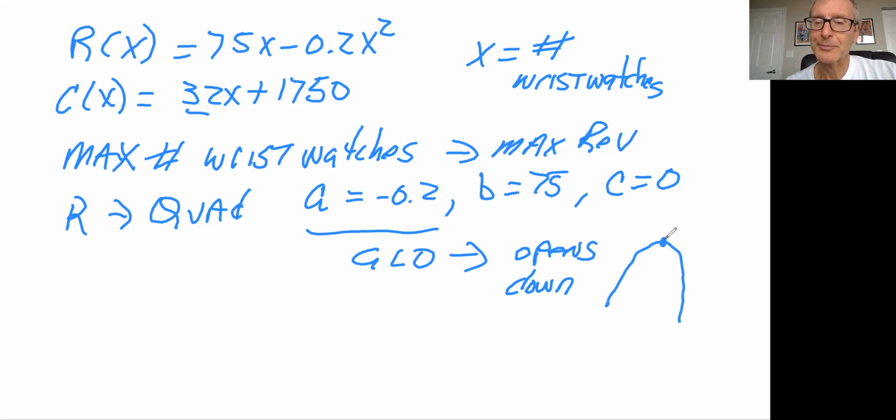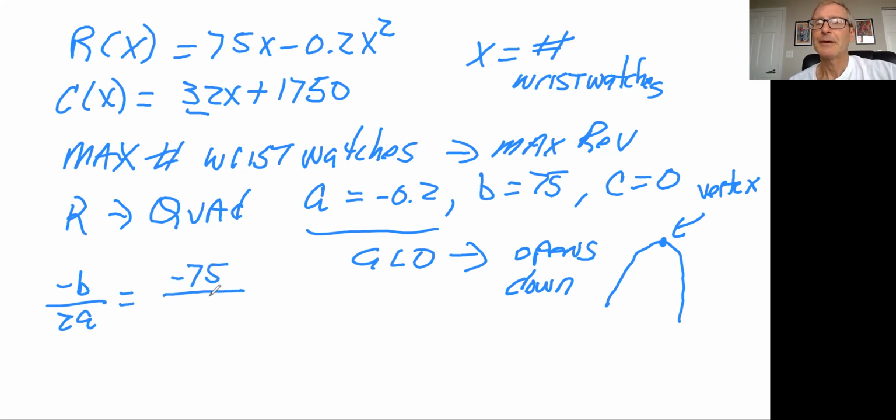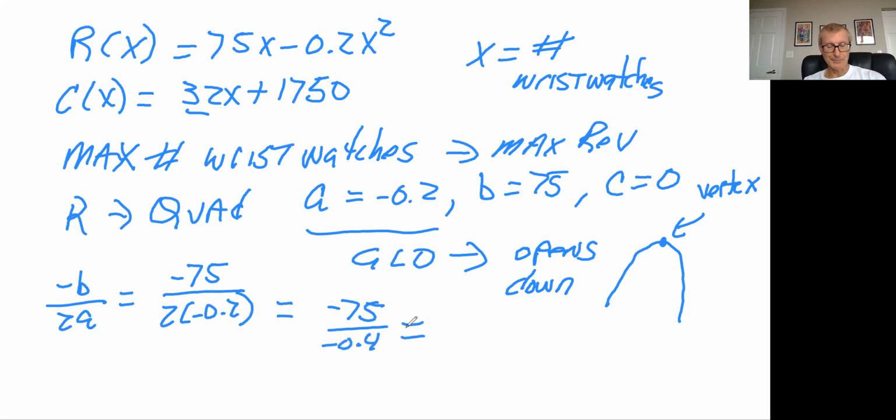And so what is the maximum? Our favorite point, the vertex. So what we want to do is calculate the vertex for the revenue function. And so the vertex would be minus b over 2a. And so we have minus b, which would be minus 75, and the a value is minus 0.2. So when you do that calculation, minus 75 over minus 0.4, you can see the two negatives will cancel.